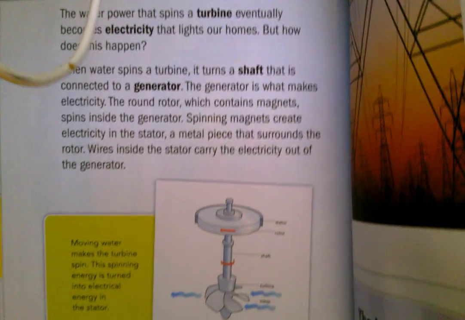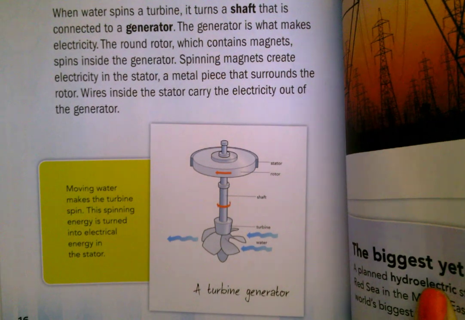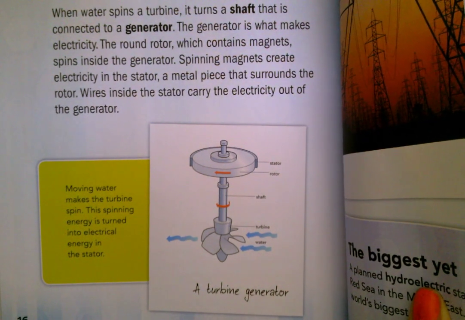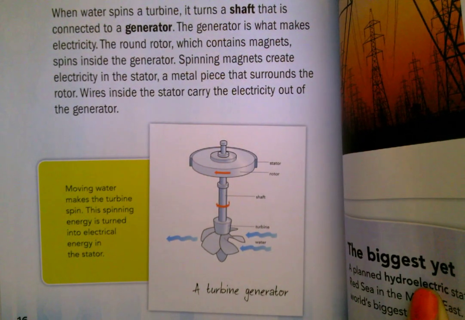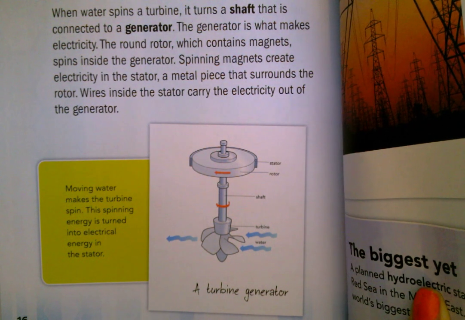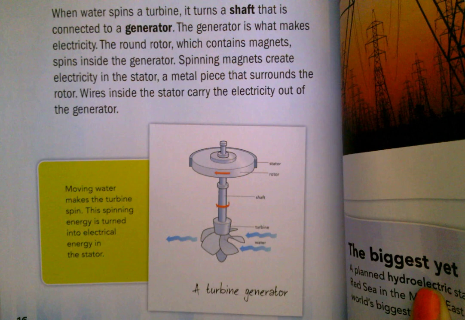So we have a diagram down here, and it shows a turbine generator. It says moving water makes the turbine spin. This spinning energy is turned into electrical energy by the stator.